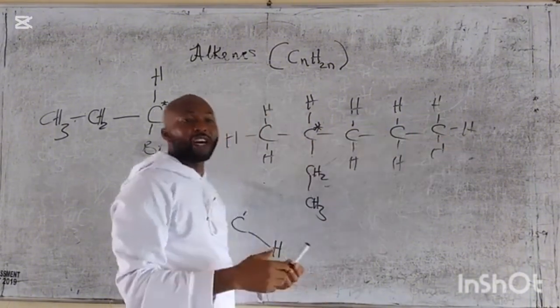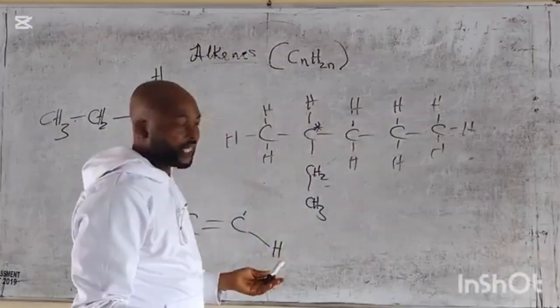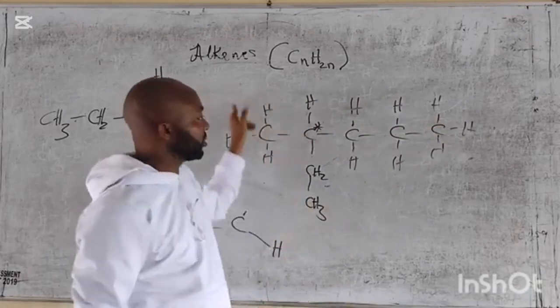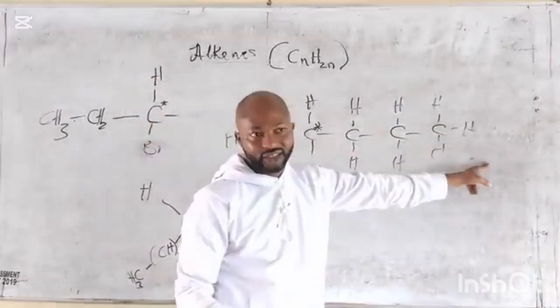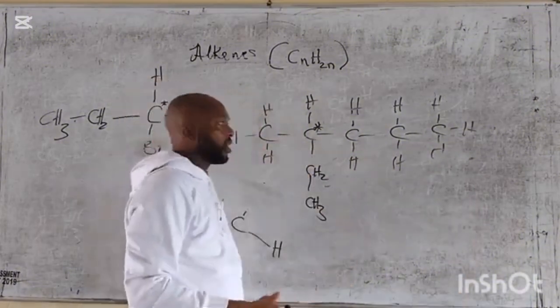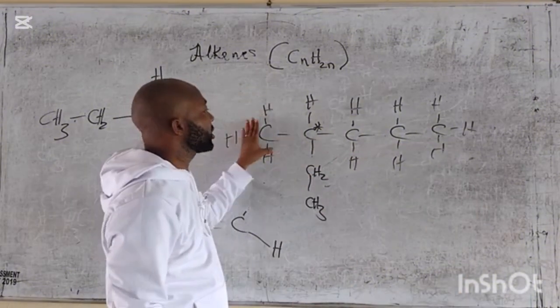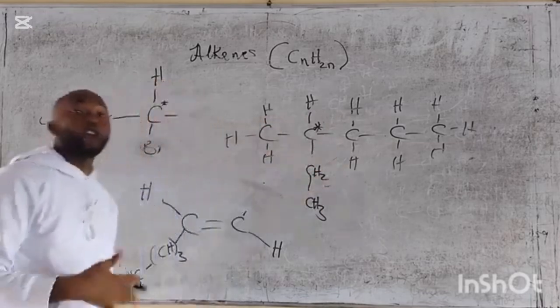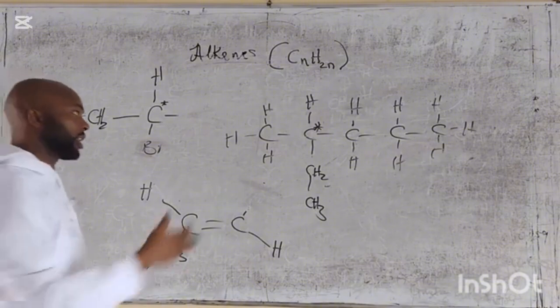So you must first of all identify your parent chain. This is 1, 2, 3, methylhexane. You can't just say, because this is attached to this, it's 2-ethylpentane. First, identify the longest chain, which is the parent chain.